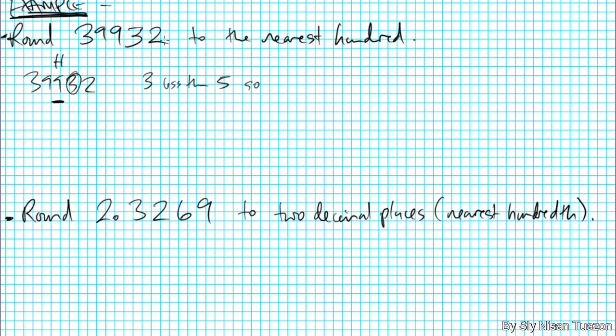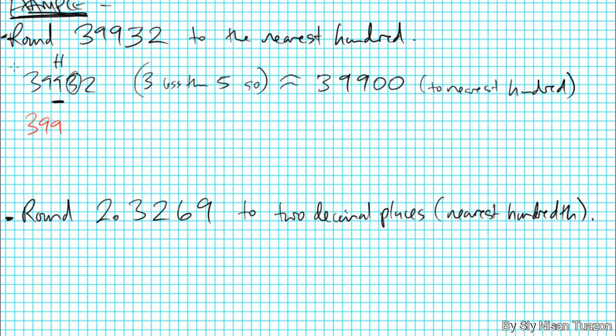I put that in brackets, that's not part of the answer. So 39,932 to the nearest 100 is going to be 39,900 to nearest 100.